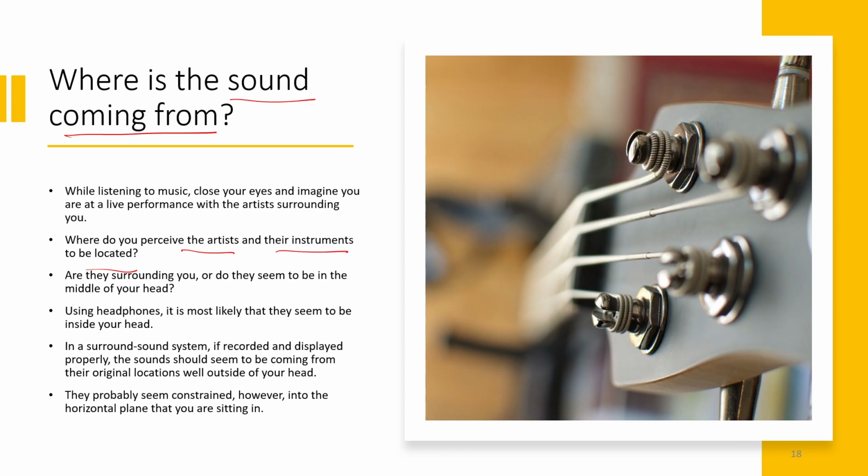Are they surrounding you or do they seem to be in the middle of your head? If you are using headphones, it is most likely that the sound will seem to be coming from inside your head. In a surround sound system, if recorded and displayed properly, the sound should seem to be coming from its original locations well outside of your head. They probably seem constrained, however, to the horizontal plane that you are sitting in.